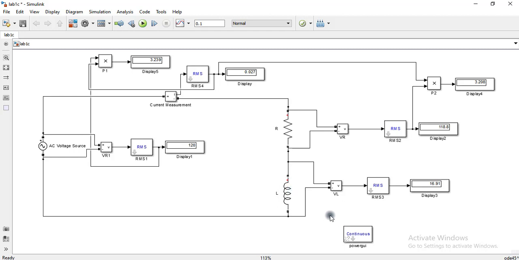Also, if you want to see the power absorbed by this inductor, you can bring one product block here, then multiply the voltage of this inductor with the current of this inductor. The current is simply this one. Bring display.